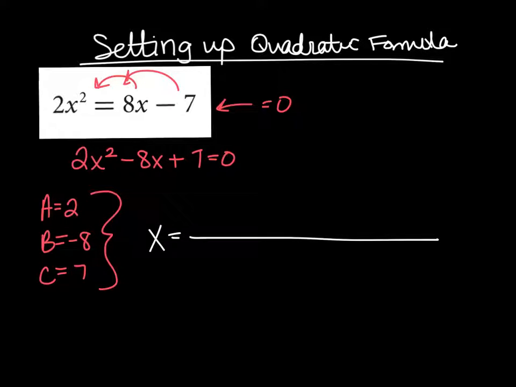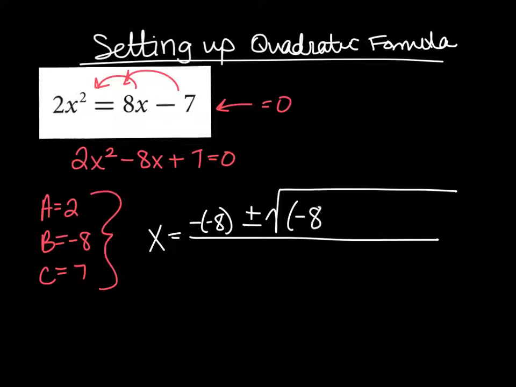Since b is a negative value, negative b is negative 8. We'll talk about that on Monday. Then x equals negative b plus or minus square root b squared minus 4ac. You see where I'm getting all those numbers from? a is 2 and c is 7, all over 2a.